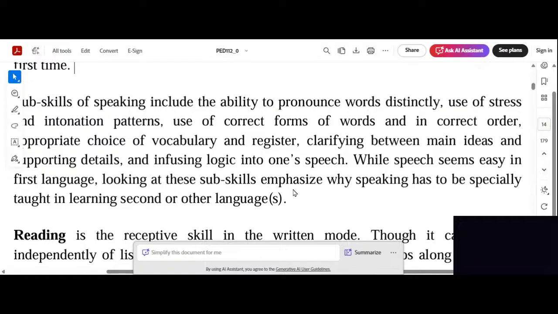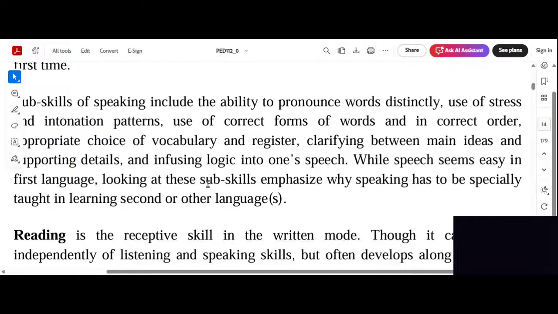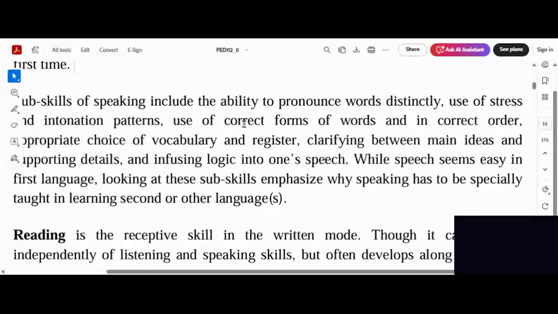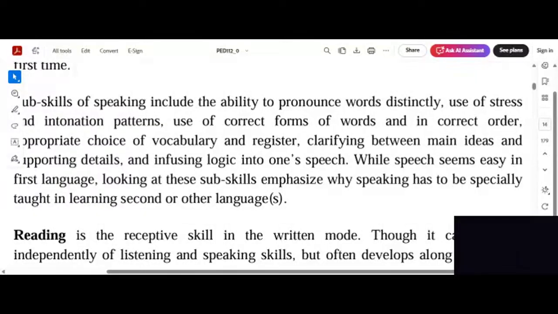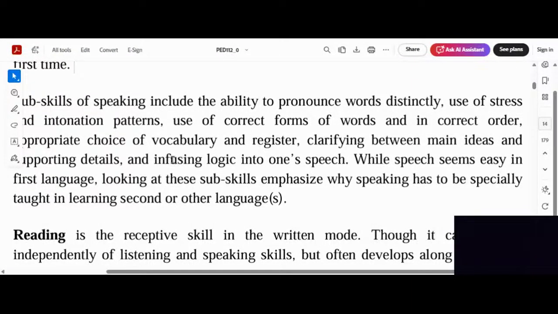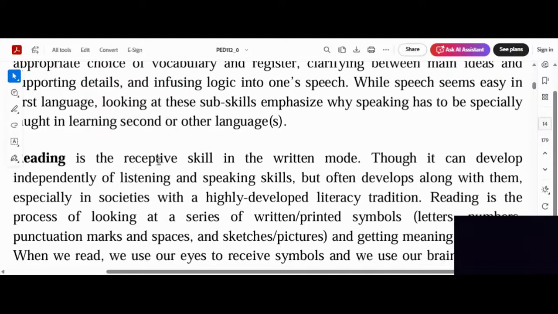In order to be able to speak in a second language, you seriously need these skills that we've mentioned: use of stress, correct form of words, having proper vocabulary and register, the main ideas and supporting details, and using logic in your speech. Having done that, that brings us to the end of the class today.